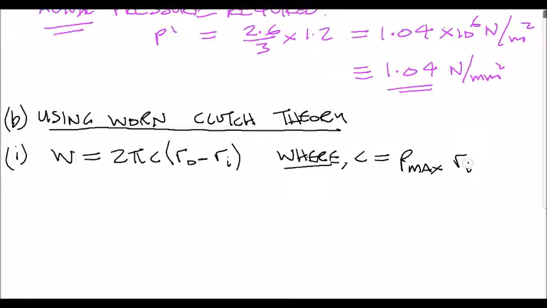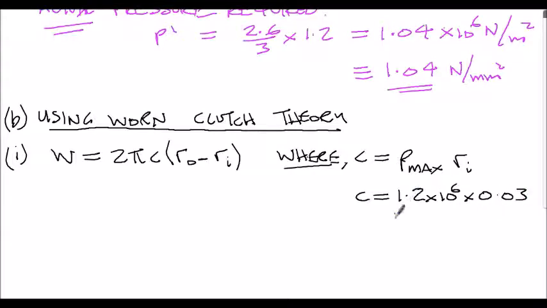So for that to be true, to have the same value of C across the entire surface from inner to outer radius, then the maximum pressure must occur at the inner radius. And they've given us the maximum pressure effectively in the question. So we can work out the C here. It will be the 1.2 multiplied by the 10 to the 6, multiplied by the inner radius, 0.03.